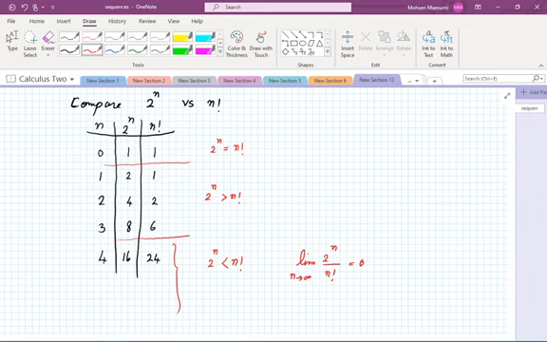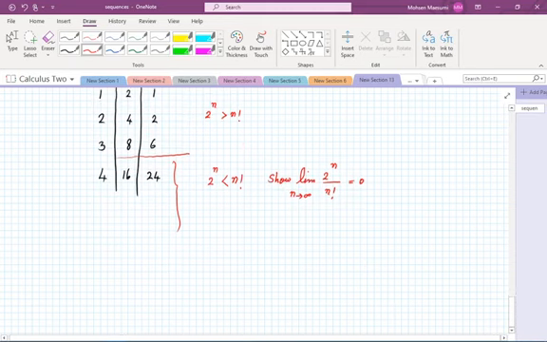How do we see that? So here was the argument that the limit of 2 to the n over n factorial as n goes to infinity is 0. Let's write it like this. 2 to the power of n, what does that mean?